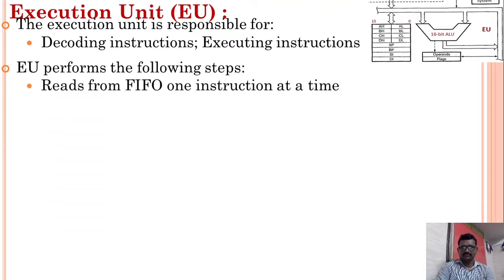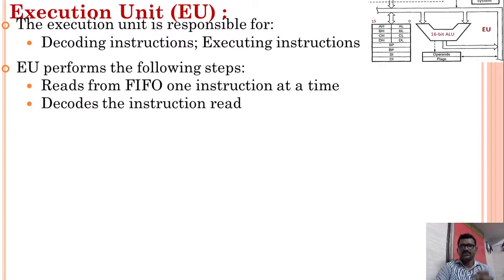So here, the 8086 execution unit performs the following steps. What are the 5 steps? It reads the instructions one at a time from the first-in-first-out instruction queue, and it decodes the instructions.